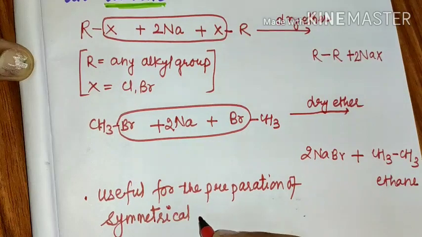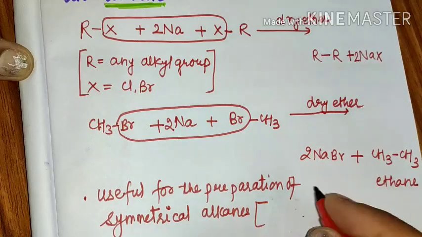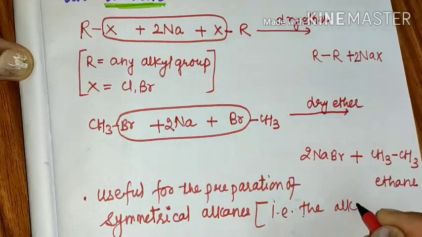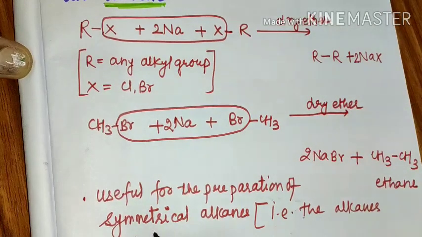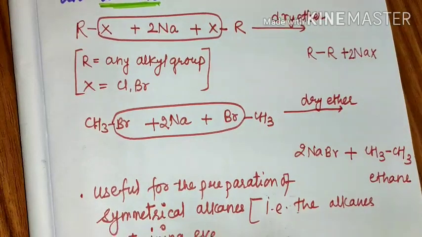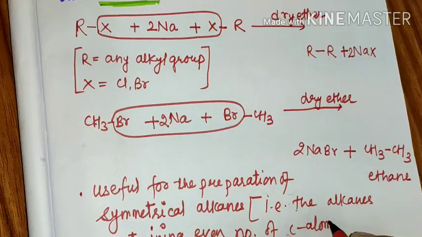Symmetrical alkanes means the alkanes containing even number of carbon atoms. That is, the alkanes containing even number of carbon atoms.